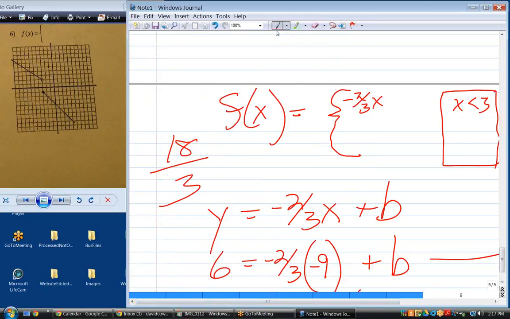Now, what's our next interval? In other words, what's our second interval down here? It's from here to the right. Remember, we're starting left to right. We're trying to always do these left to right.